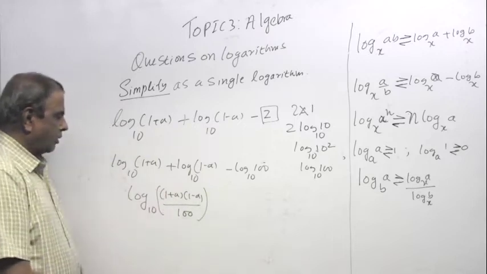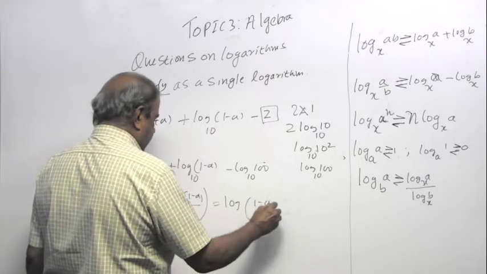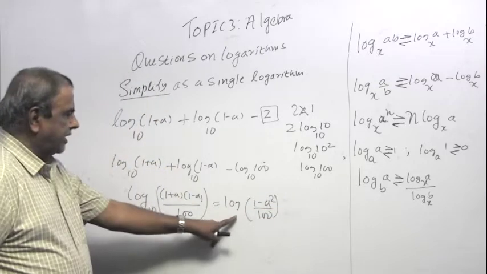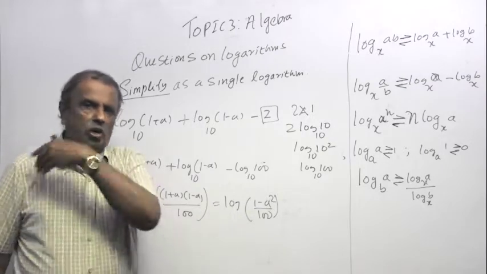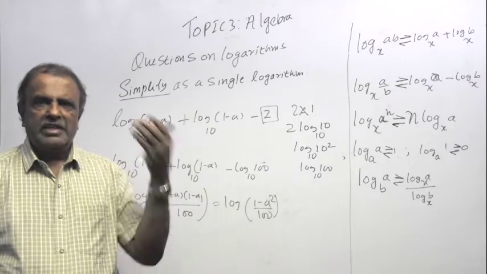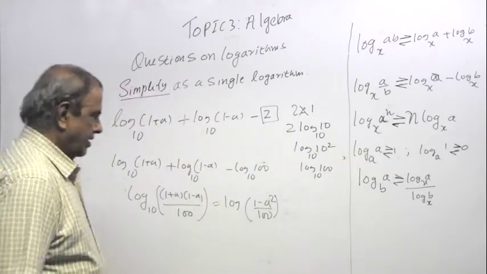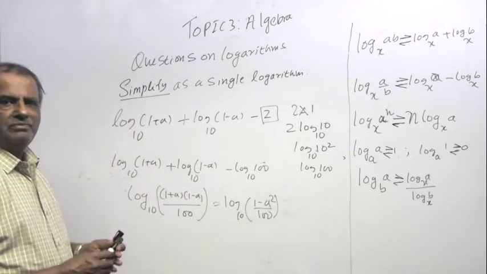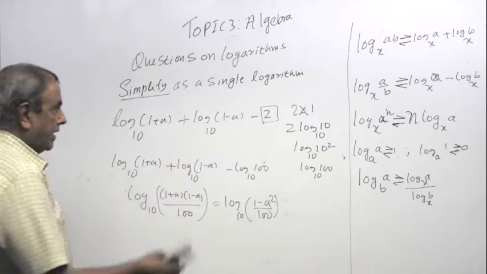Log of 1 plus a times 1 minus a over 100, or log of 1 minus a squared over 100. Remember, I haven't written the base 10. Yesterday I told you, if you write log and don't mention a base, generally it is accepted as base 10. Or let's be precise and put base 10. Nothing wrong. Perfect.